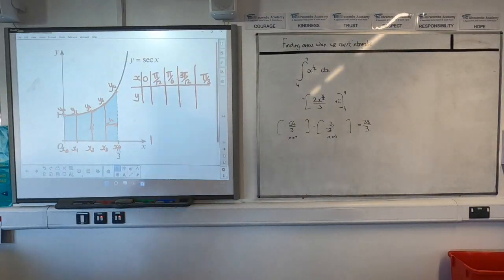I haven't told you what we're going to do with these numbers yet either, have I? So get your calculator into table function and type in as the function 1 over cos, or just hit the fraction button and put 1 on the top and cos on the bottom.